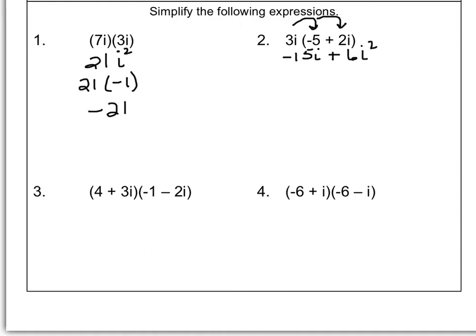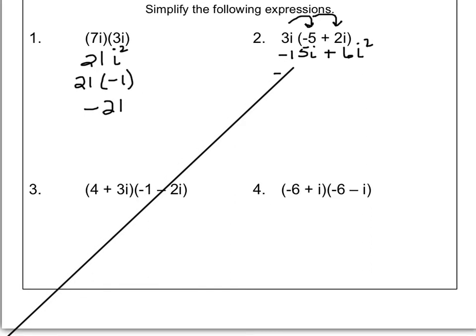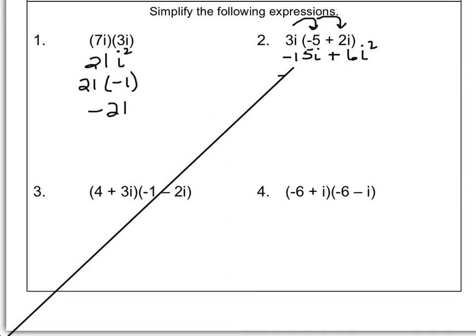Remember, anytime we have an i squared term, we're always going to make that -1. So this is -15i plus 6 times -1. Well, 6 times -1 is -6. So this is really -15i minus 6.